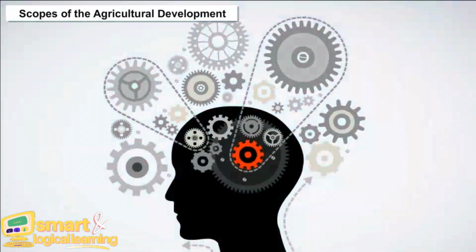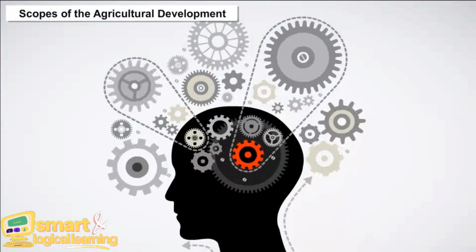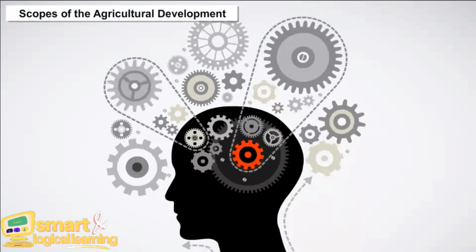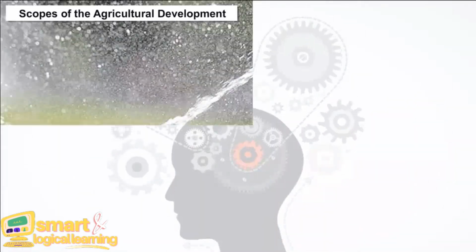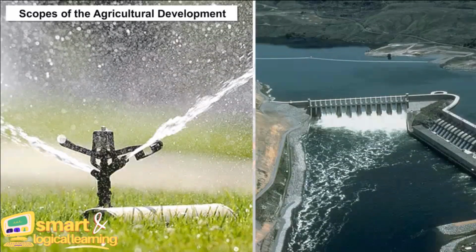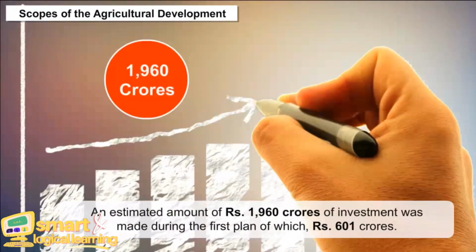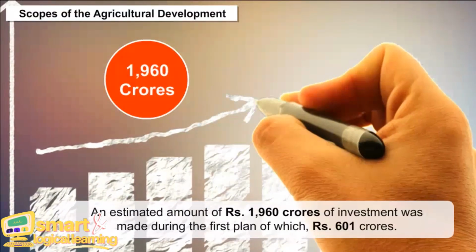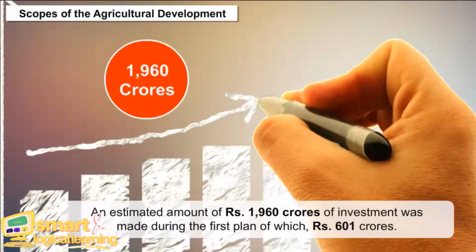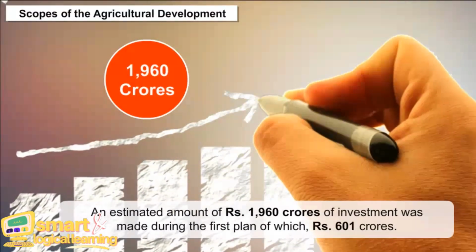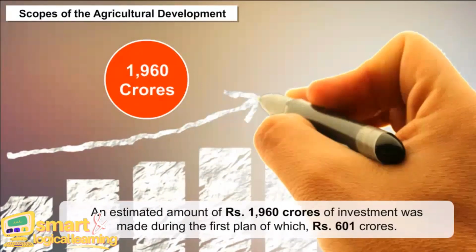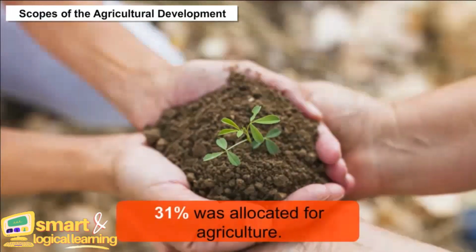In this aspect, in some of the earlier plans, some long-lasting projects were taken up like irrigation and several river dam constructions. An estimated 1,960 crore rupees of investment was made during the first plan, of which 601 crore rupees, nearly 31%, was allocated for agriculture.